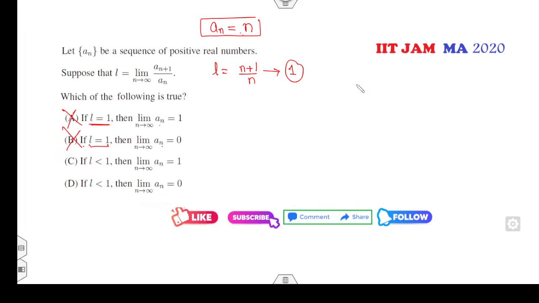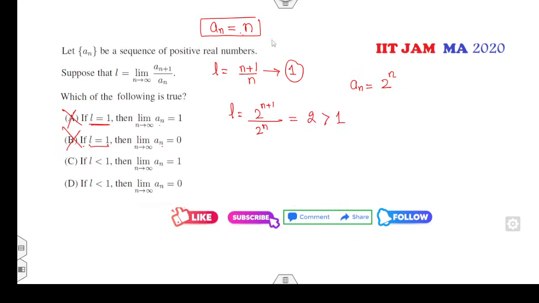So when will this be less than 1? If I take a polynomial, it won't come. If I choose 2 raised to power n, then your limit will be 2 raised to power n plus 1 over 2 raised to power n. That is my 2, which is greater than 1.